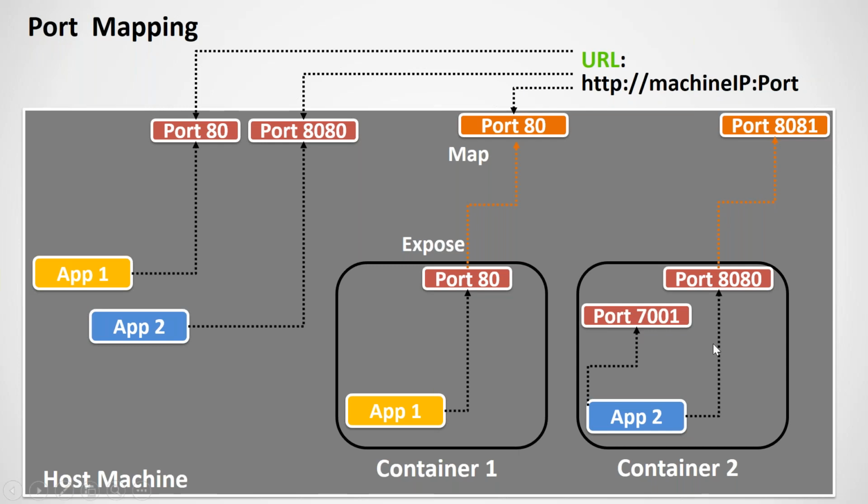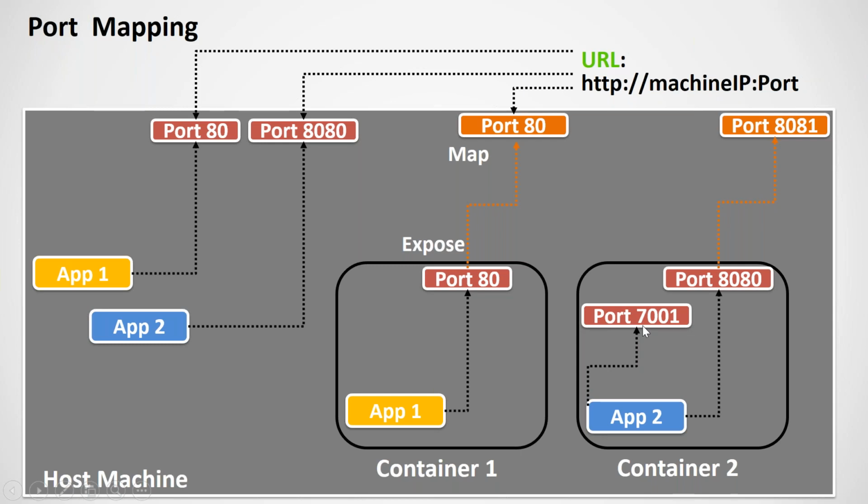One port is for accessing the console, and there would be another port where the developers can directly access and debug. So there could be one application port and one debug port. That is dependent on the application. But to give an example, now let's say in this container the same application is exposing another port.